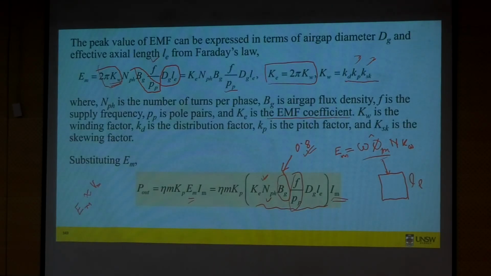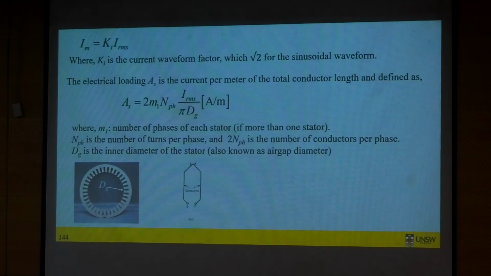But I don't know my current because I don't know my torque yet. Or I know a rough idea of torque, but I don't know what the current is going to be. So the next part is looking at the current. How do we decide current? Again, the peak value of the current usually is this.